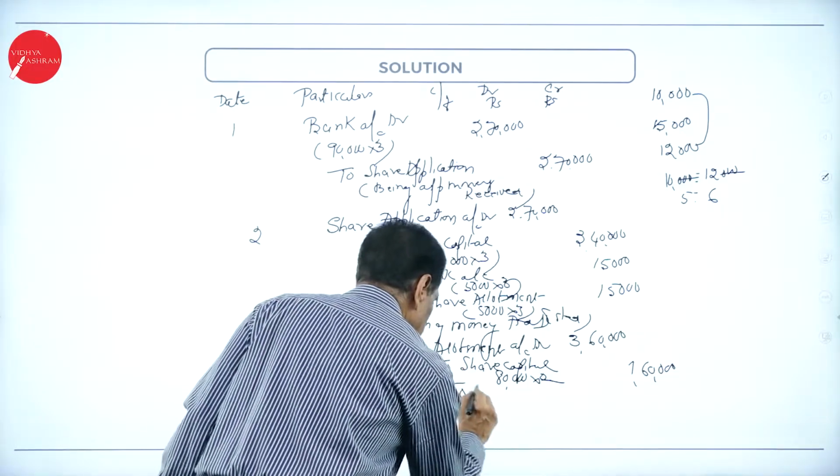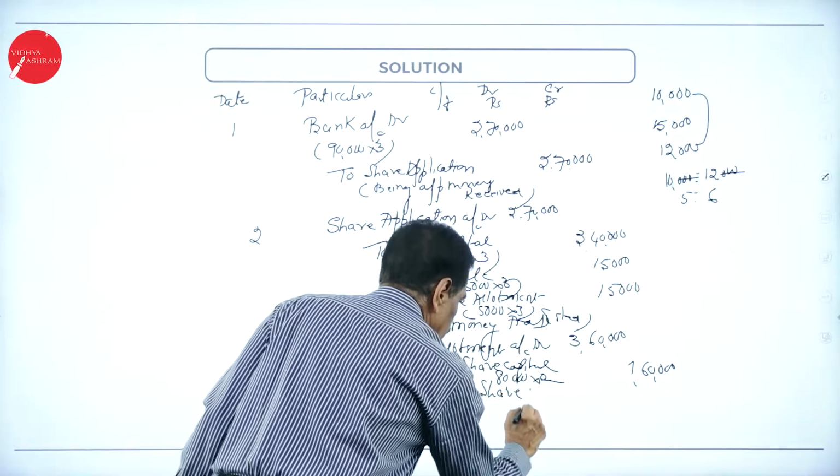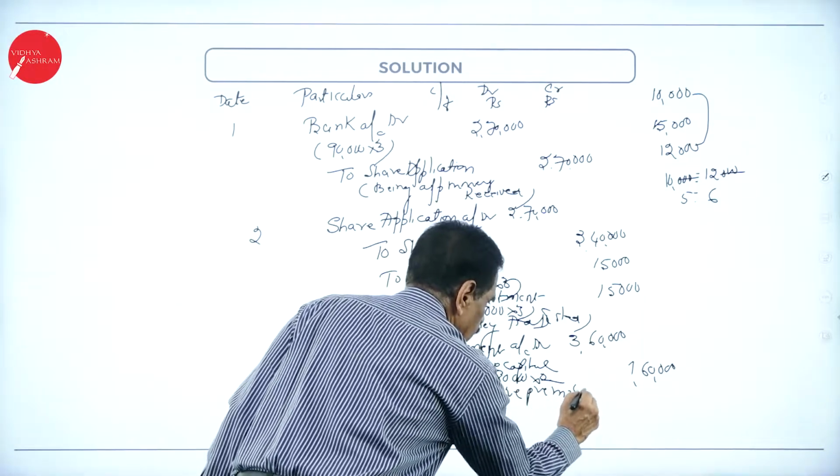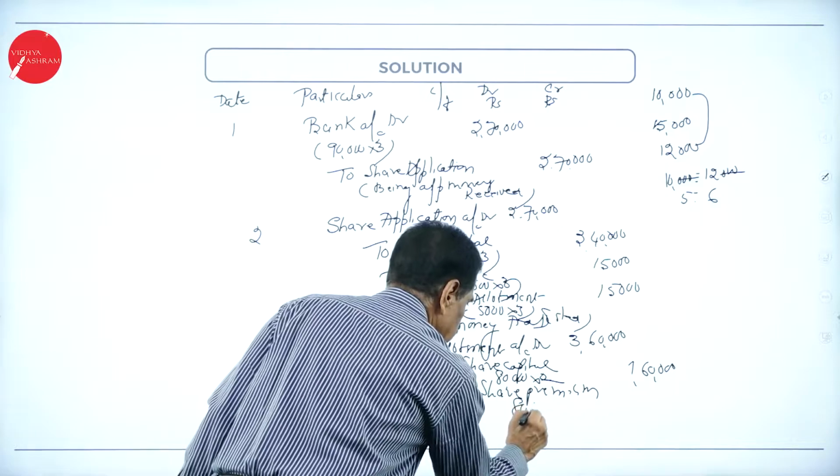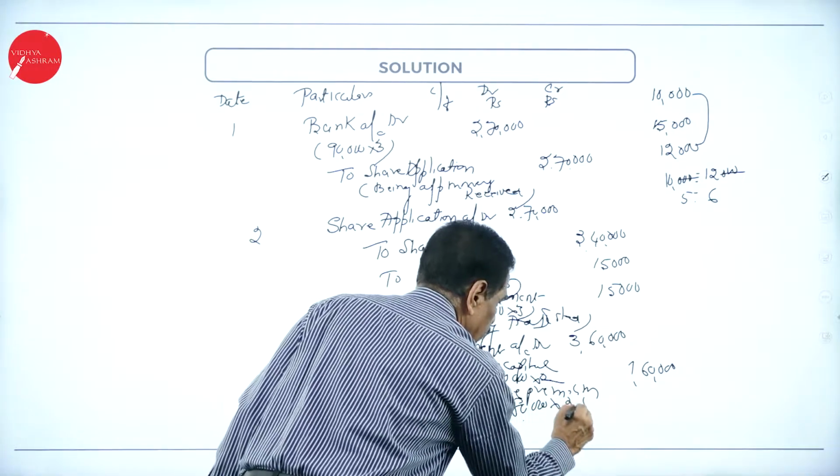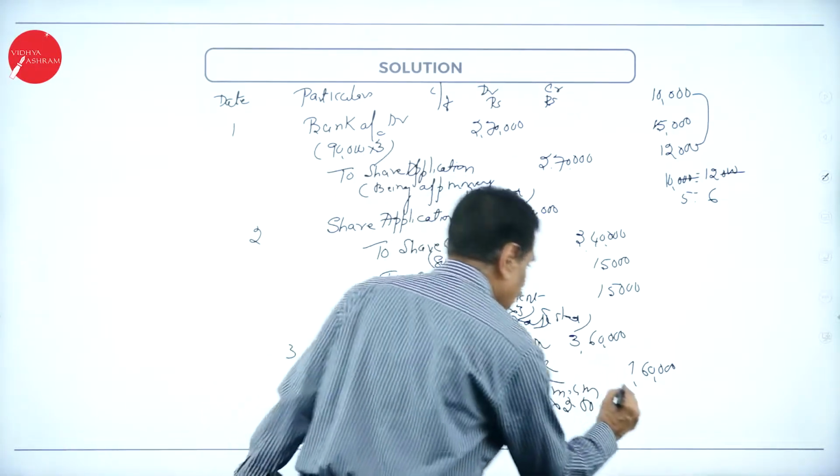To share premium, 80,000 into 2 rupees 50 paisa, this is 2 lakh.